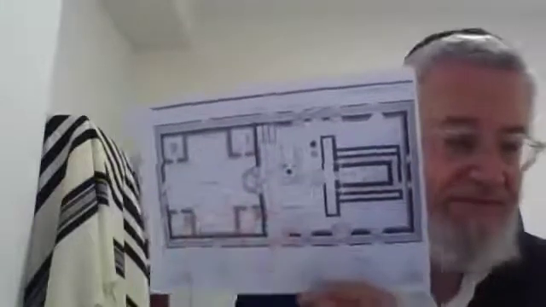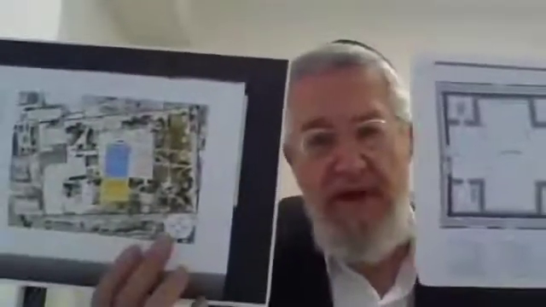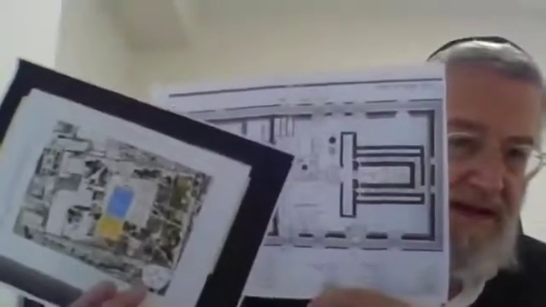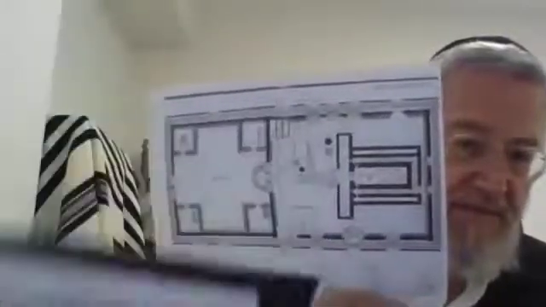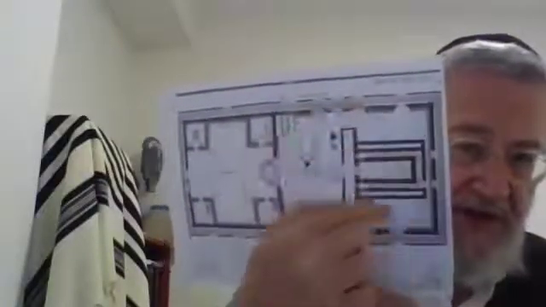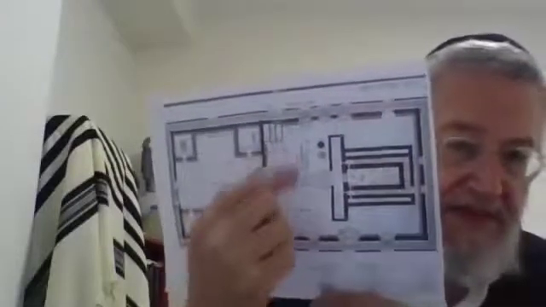Here's the Mizbeach. If you want to understand this in terms of Har HaBayis today, we looked at this maybe 2 weeks ago, diagram 11. Remember diagram 3, the Azara. In the Azara, you have another structure. This whole area is Azara. There's empty spaces, and in part of the empty space, there's the Mizbeach and the Beis HaMitbachayim.